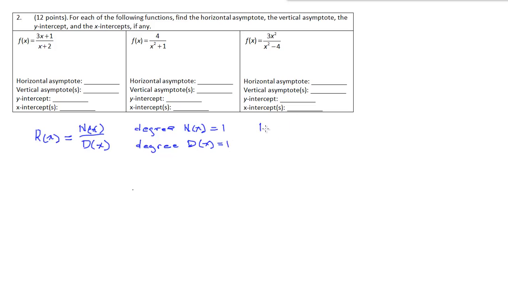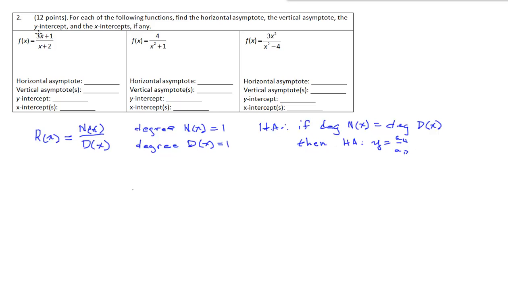Now, for the purposes of the horizontal asymptote, if the degree of n of x is equal to the degree of the denominator, then just look at the leading coefficients, and the horizontal asymptote will be y equals the leading coefficient of the numerator over the leading coefficient of the denominator.